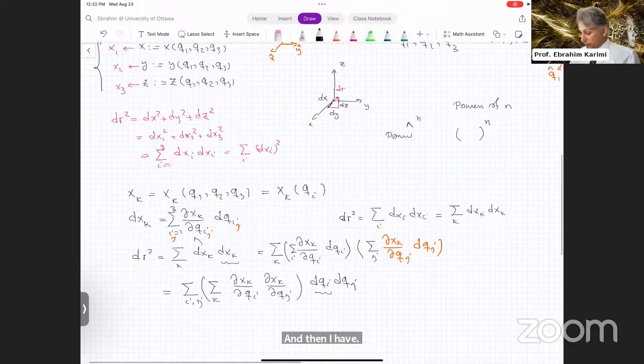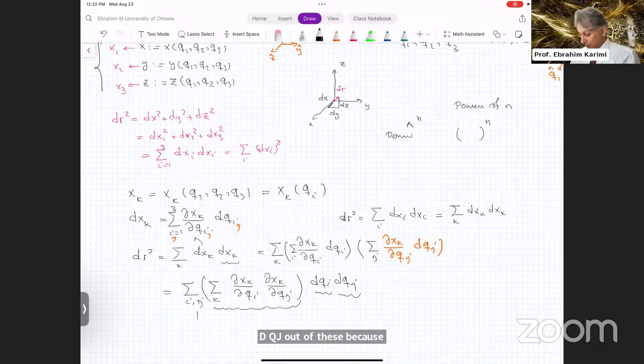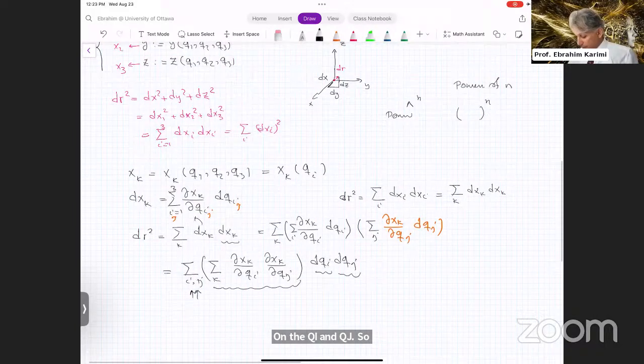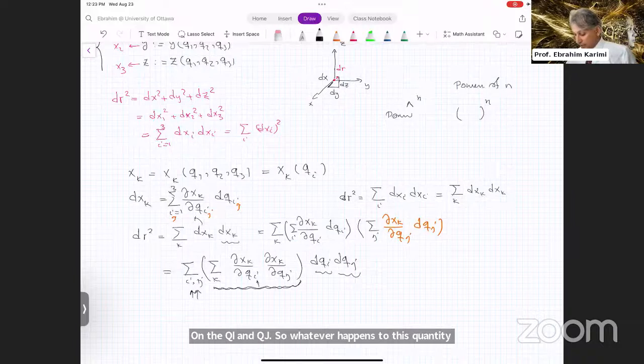Remember why I take the dqi, dqj out of this: this summation is over k, while the other two summations are on qi and qj. So whatever happens with this quantity, it will be independent of the index k, because I'm summing up over k, but the freedom that I have is on qi and qj, so it means that it can be written as a function of i and j.